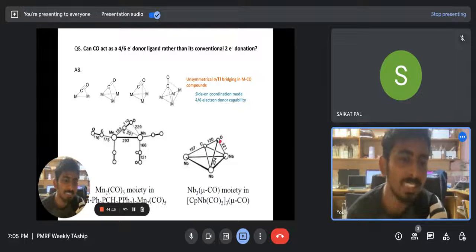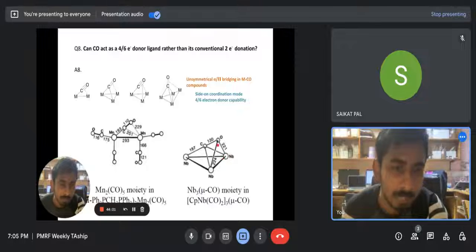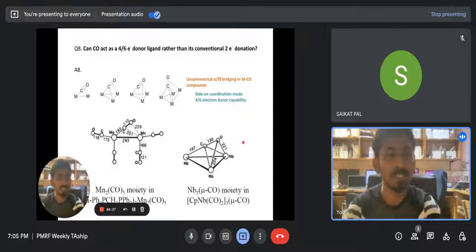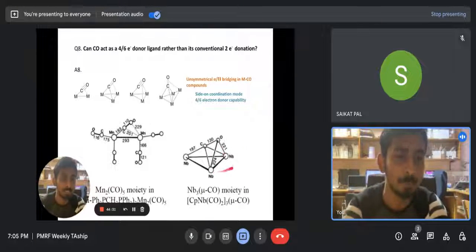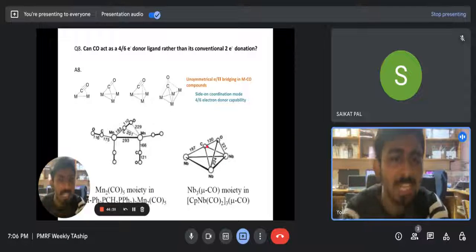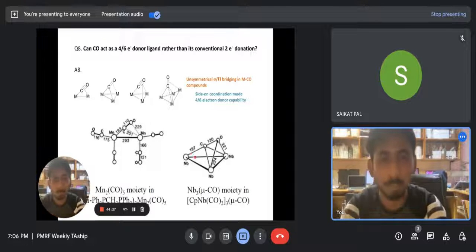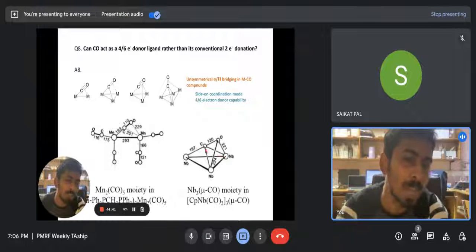You can see this oxygen has significant interaction with two of the niobium atoms. This oxygen-niobium bond distance is 224 picometer. This bond distance is 221 picometer. So there is significant bonding interaction of the oxygen moiety with both of these niobium atoms. Also, this carbon is singly eta 1 bonded with this niobium atom, but it also has a significant interaction with the two niobium atoms.